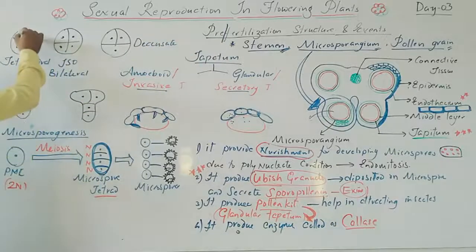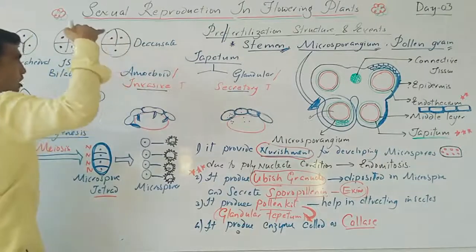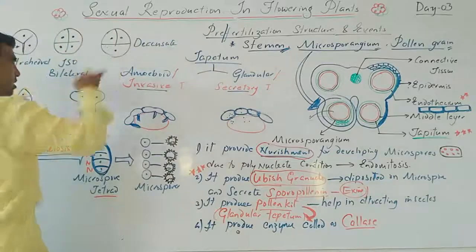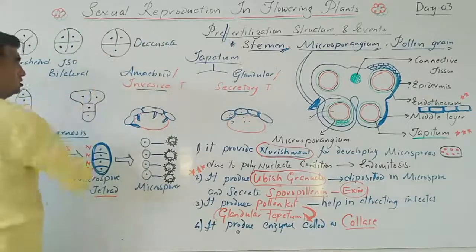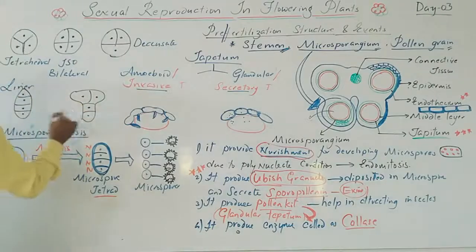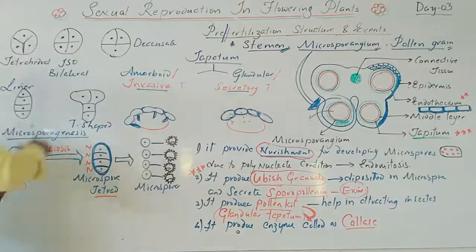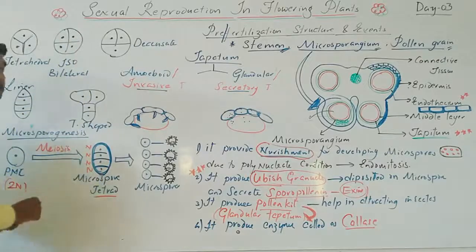So if 4 are there, one is on that side. These are the 4 which are present on the lateral side only. Here 2 are present in this manner, 2 in this manner. So orientation is different. This is the linear one, and this is T shape. So these are the different types of microspore tetrad.